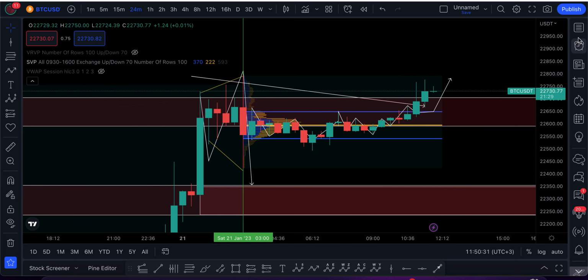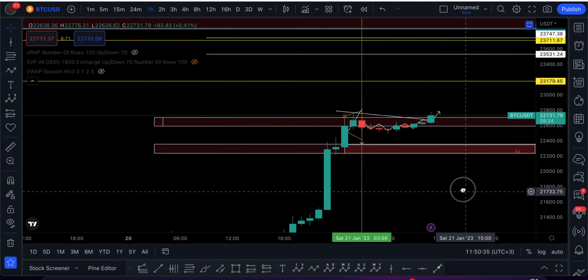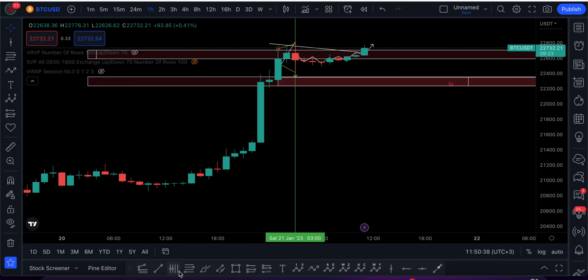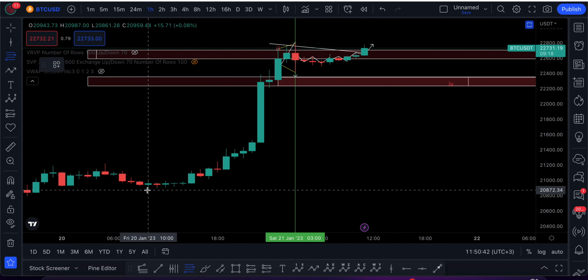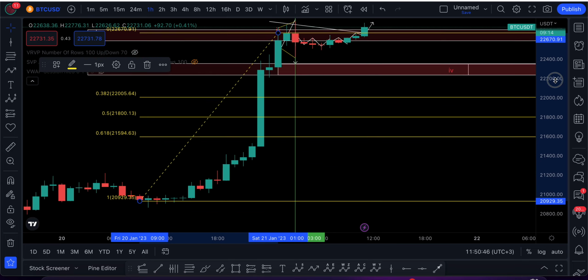Okay, and if we quickly switch to the 1 hour, I'll draw that fib because it keeps things in perspective. You can be confused with what price is doing, but I'll still be observing how price interacts with the 0.13 area.